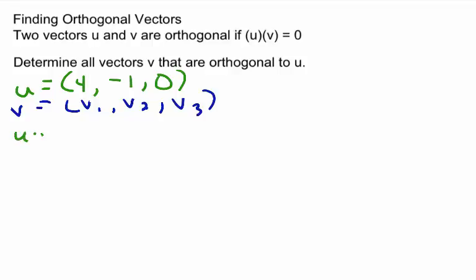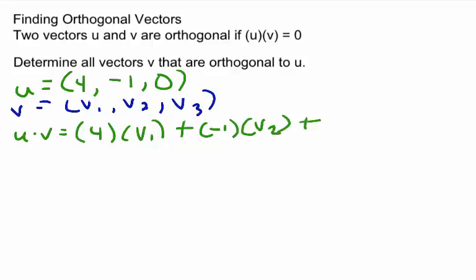Multiplying u times v, we will have 4 times v sub 1 plus -1 times v sub 2 plus 0 times v sub 3. Of course, 0 times v sub 3 cancels out.